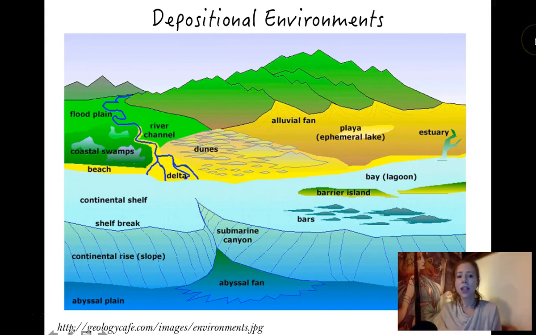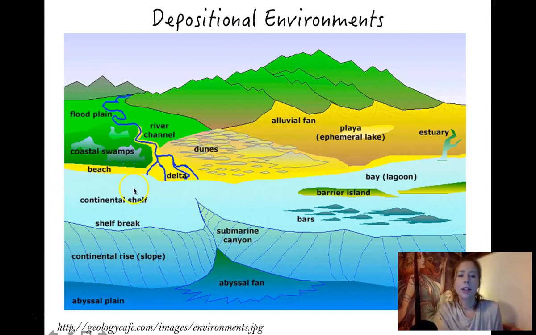And finally, looking at this image from Geology Cafe, this is just a broad overview of different types of depositional environments. We get an abyssal fan out here, so where we have fast moving water that empties out to the very still deepest depths of the ocean.